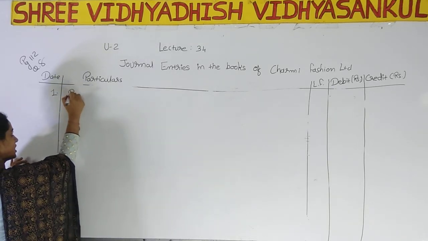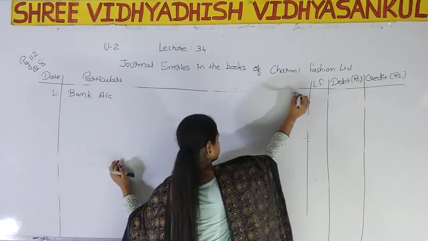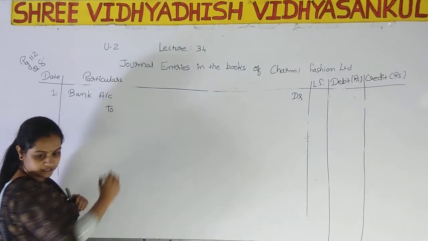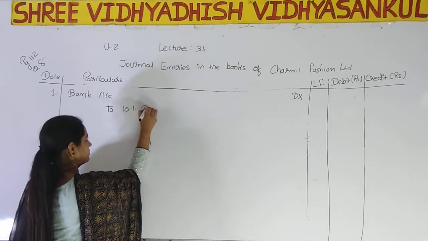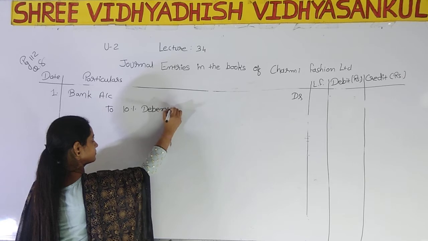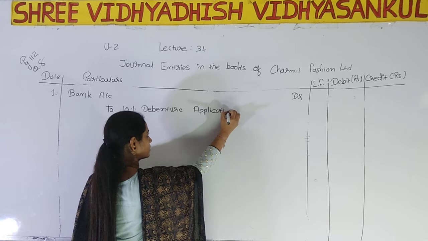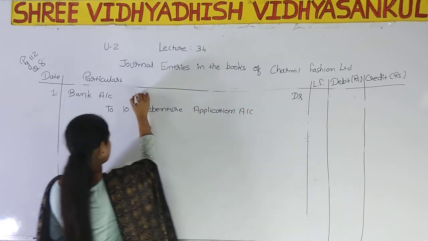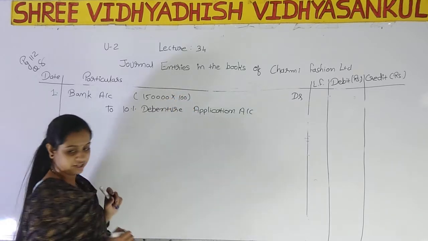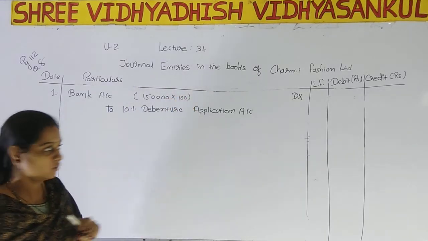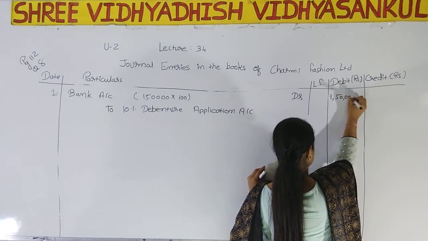First entry will be bank account debit to 10% debenture application account. We have received 1,50,000 applications at 200 rupees. That means total we have received 1,50,00,000 rupees.